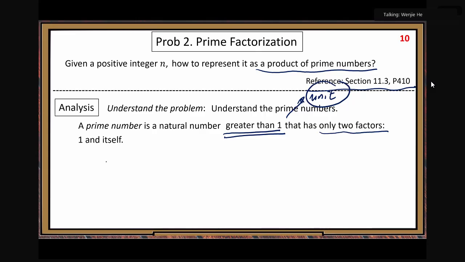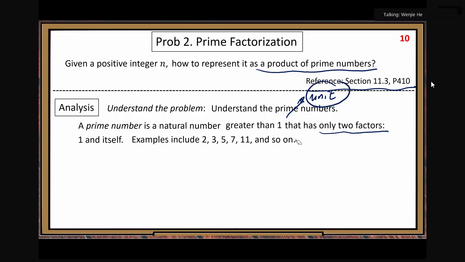So a prime number only has these 2 factors, and no other factors. That's the definition of the prime number. So we review examples: 2, 3, 5, 7, 11, and so on.